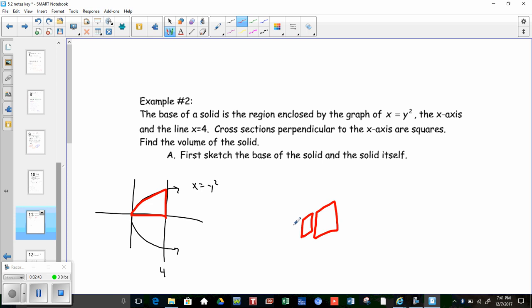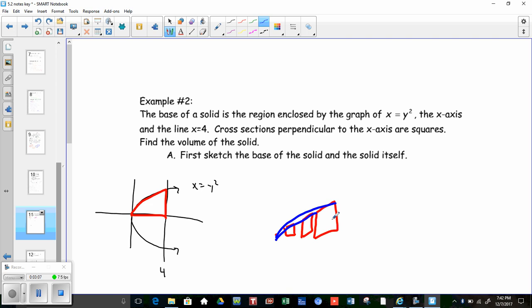And the closer and closer we get to the origin, the smaller the squares are going to become, all the way down to the point where we get to here. So hopefully you can kind of see that if I were to connect that, you would see the shape of this thing that's going to make. It's going to come down here like this. So all these pieces here are going to be squares.